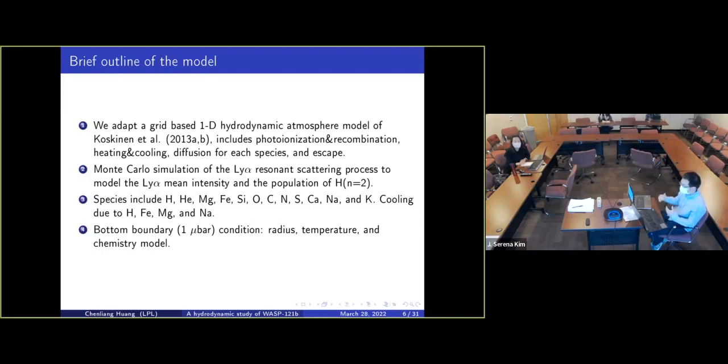And also we have line cooling due to hydrogen, iron, magnesium, and sodium. Then, because our hydrodynamic atmosphere is cut off at 1 microbar, we also need a bottom boundary condition. I'll also briefly talk about that.